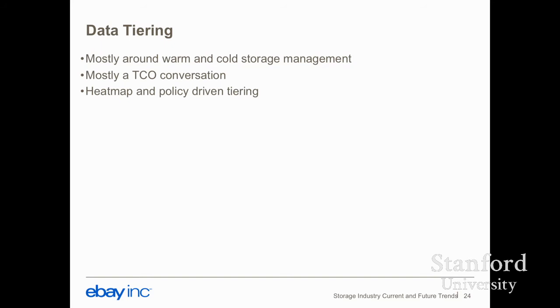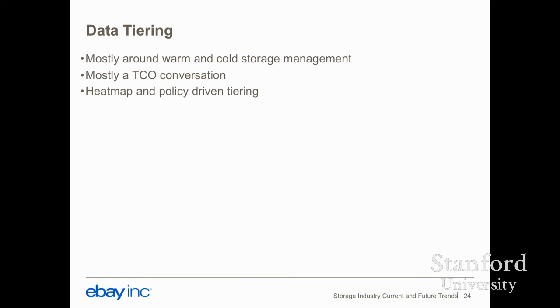So the next obvious step would be to do a data tiering strategy. We are working with some software startups, software companies, to provide data tiering for our Hadoop analytics environment based on heat maps and policy driven, basically. And again, it ties into our TCO models and all that stuff.